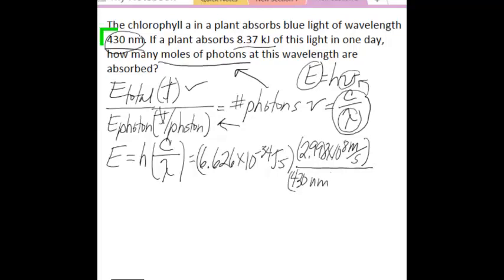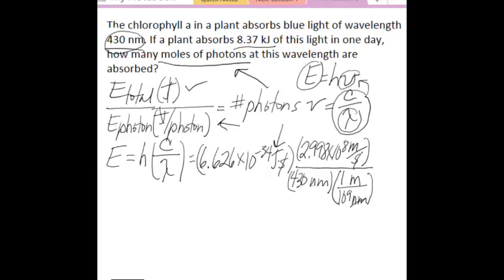Because we're dealing with the amount of energy in one photon, the energy units we want are going to be joules, so we need everything else to cancel out. So far the seconds will cancel, but our units of length, meters and nanometers, are in different units, so we need to convert one to the other. So I'm going to convert nanometers to meters by saying that in 1 meter there are 10 to the 9th nanometers.